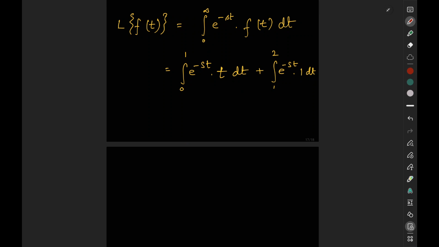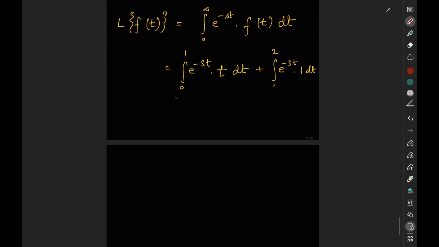Now we have two terms. One is e to the power minus st into t dt and one is e to the power minus st into 1 dt. For the first function, we can solve it using integration by parts, where t will become our first function and e to the power minus st will become our second function.